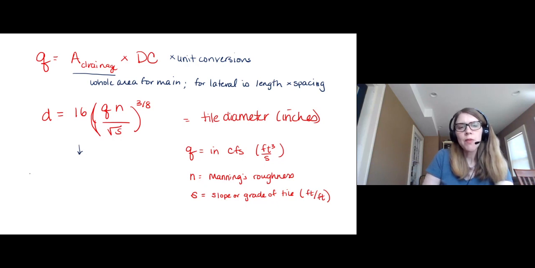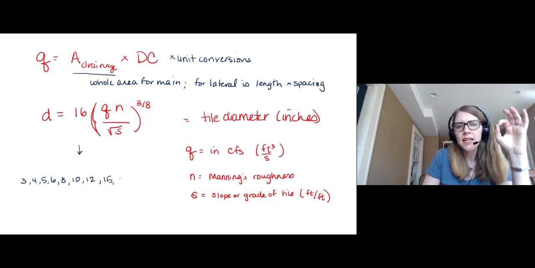And we're going to get inevitably some decimal answer. But in fact, we need to keep in mind that you can only buy corrugated plastic tubing in commercially available diameters. That's 3, 4, 5, 6, 8, 10, 12, 15, 18, and 24 inches.